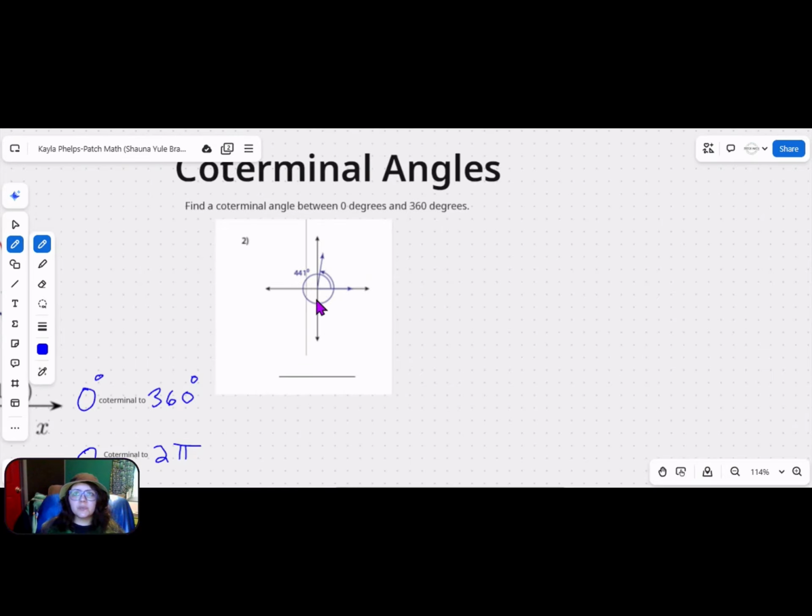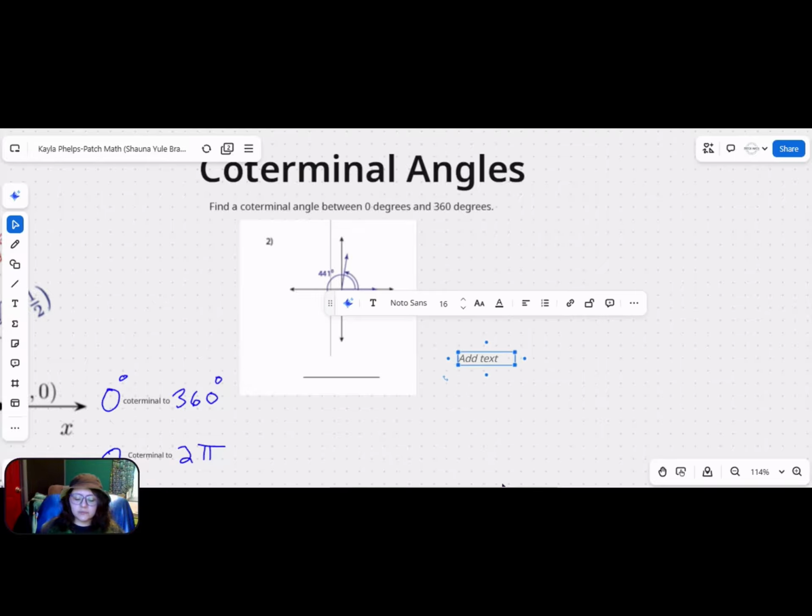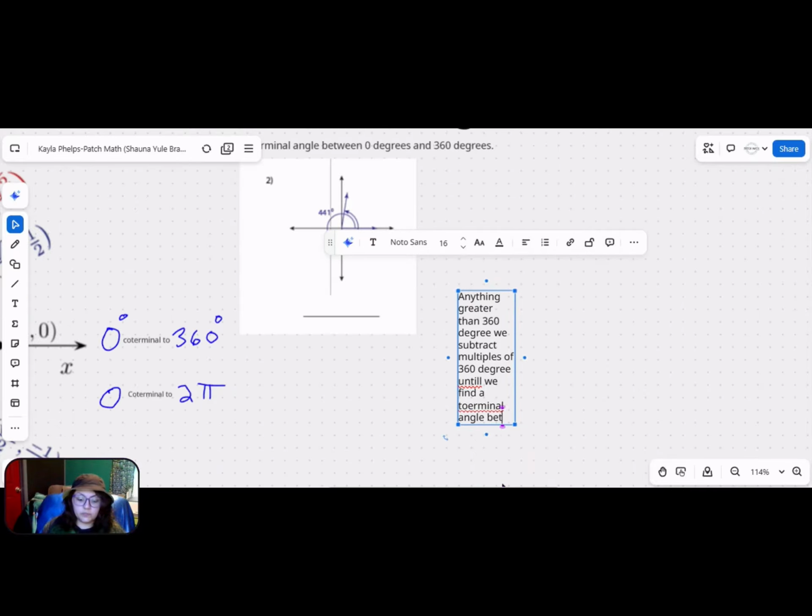On this problem, notice that we are dealing in degrees, and we have a degree that's bigger than 360. We have 441 here. So if you're finding coterminal angles, for anything greater than 360 degrees or 2 pi, we subtract multiples of 360 degrees until we find a coterminal angle between 0 and 360 degrees.